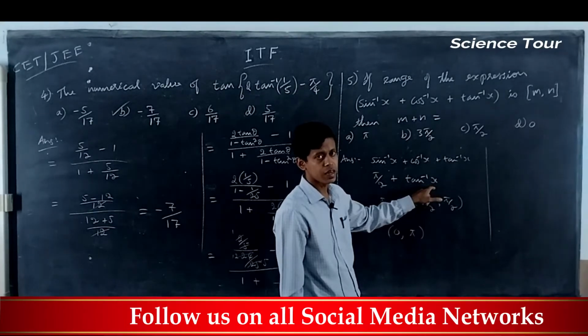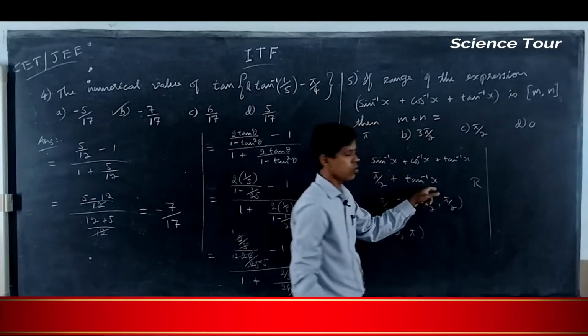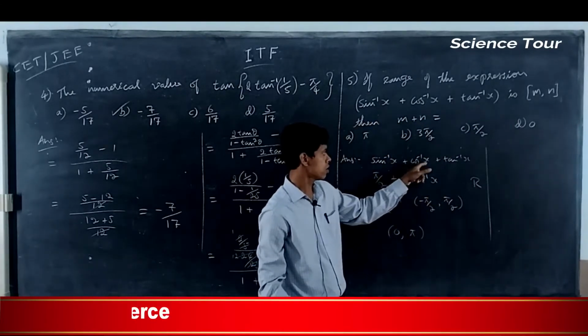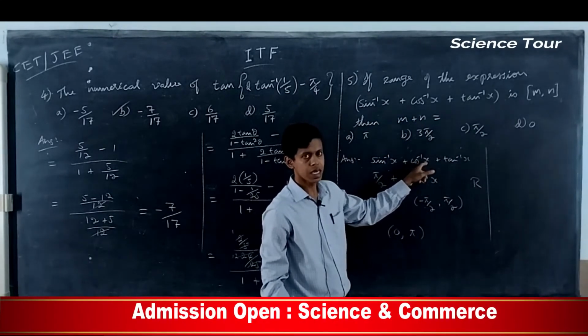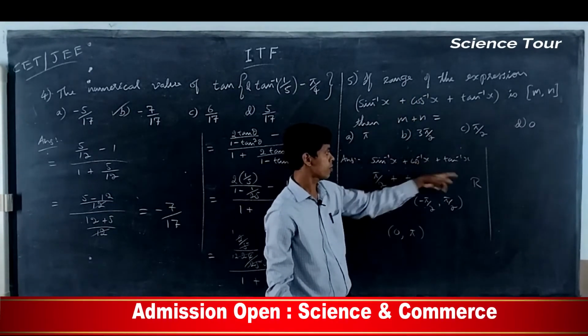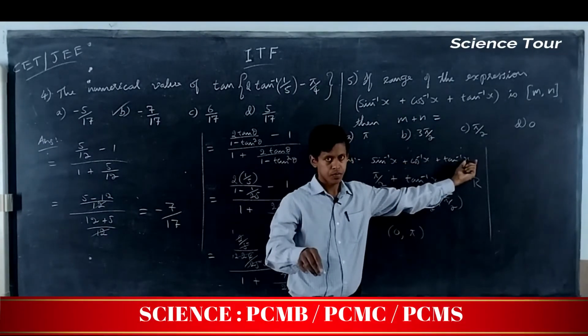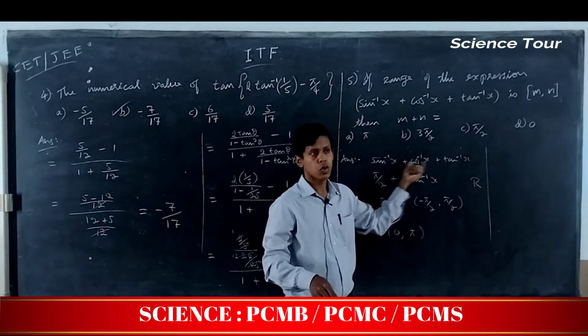What is the input for tan inverse? What is the domain for tan inverse? The domain for tan inverse is all real numbers. So now the question is, can you put all the real numbers here? This is also x, right? The given expression is this. So can you put all the values from the real numbers in place of these x? Here you can. But can you put it here? No. Can you put it here?